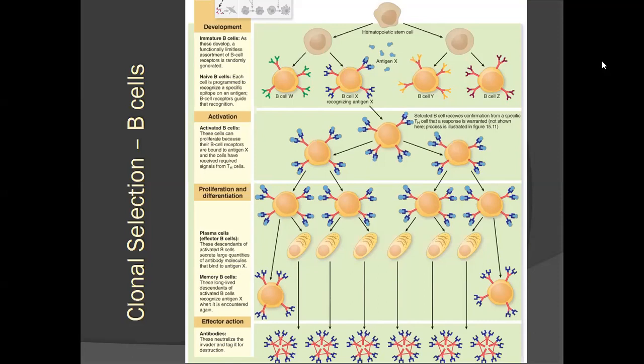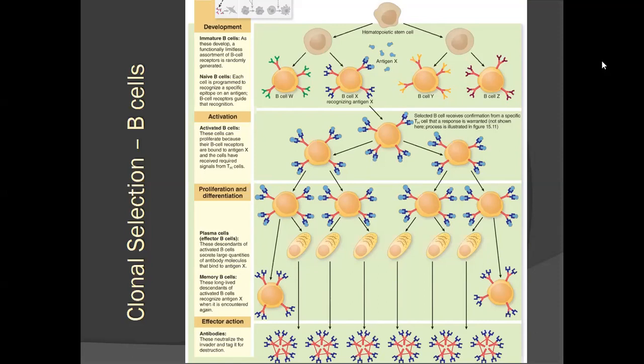Good for it, it gets to do its job. So T helper cells are providing a stimulatory signal to a B cell that has recognized a foreign antigen. So I've recognized my antigen, I've gotten, in this case, T cell help.